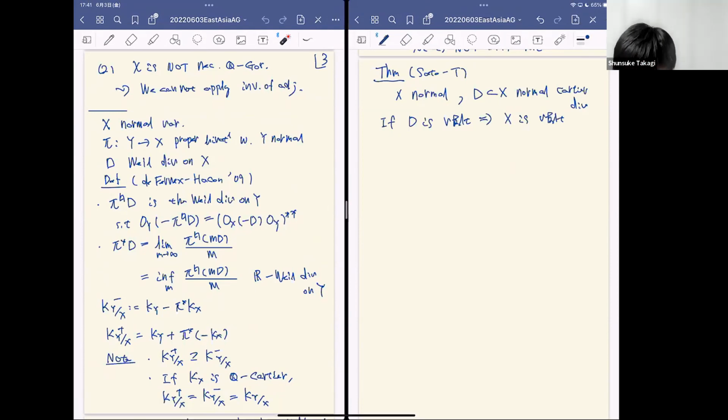So we can prove a kind of inversion of adjunction for variable KLT singularity without Q-Gorenstein assumption.